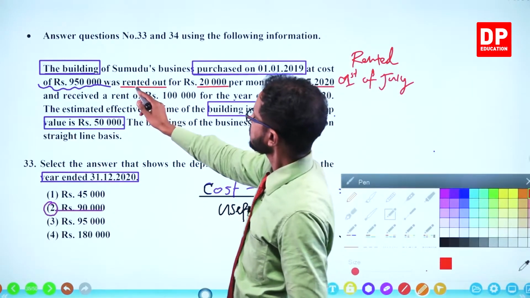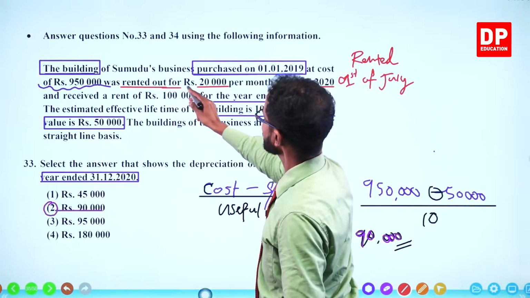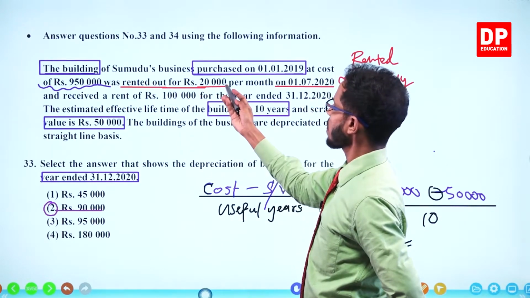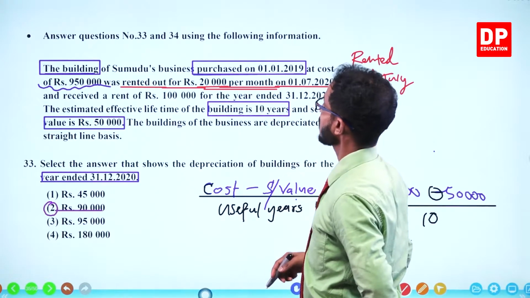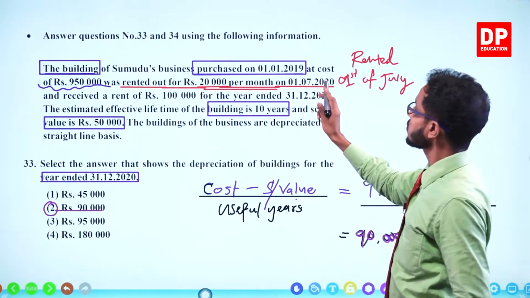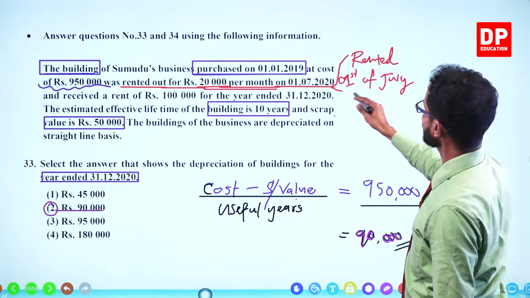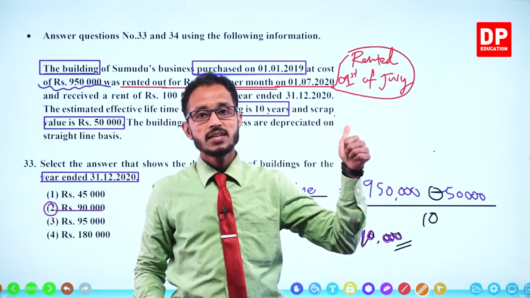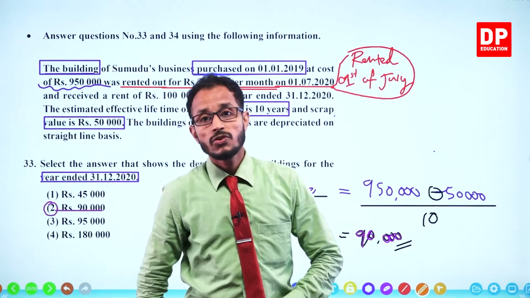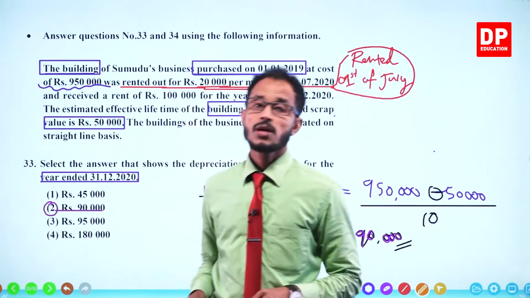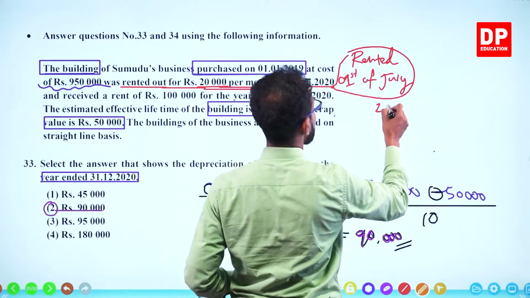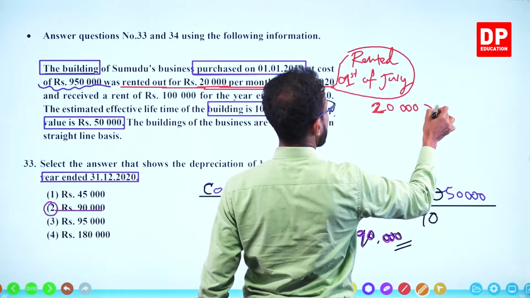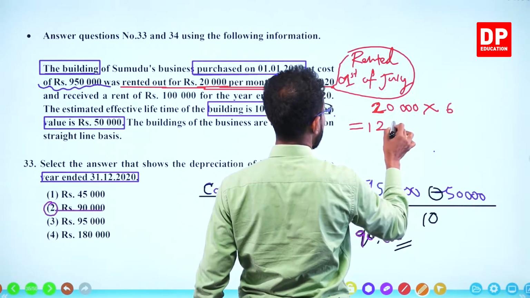If the building was rented out for 20,000 per month on 1st of July, then July, August, September, October, November, December, 6 months until the end of 2020, only 6 months, which means 20,000 into 6, how much? 120,000.